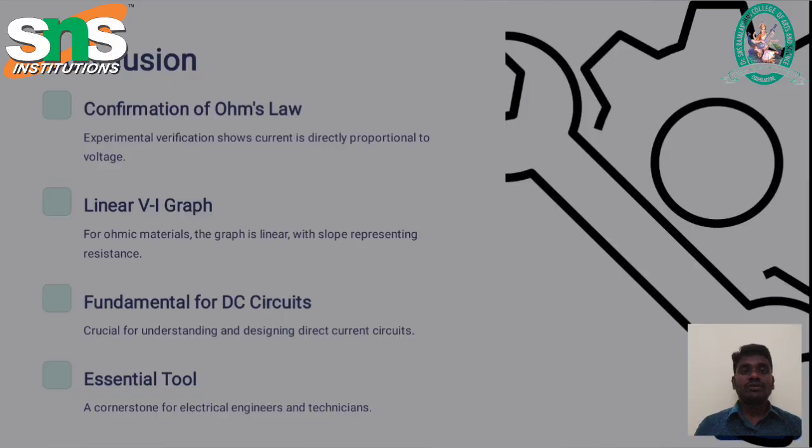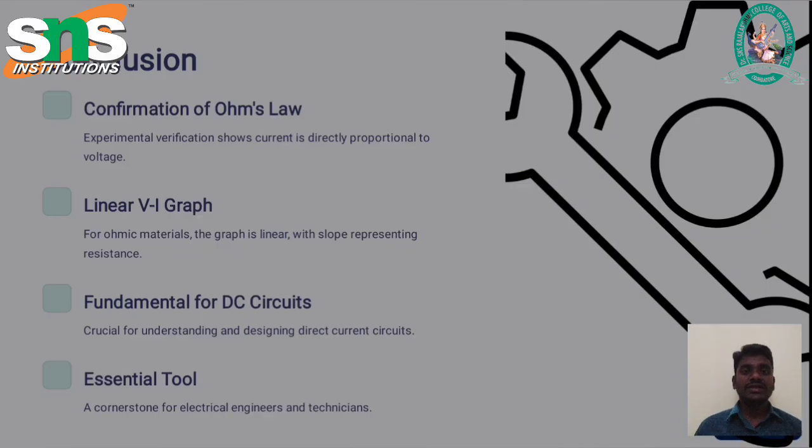Finally, we can conclude that the verification of Ohm's law is the confirmation of Ohm's law. Experimentally we can verify Ohm's law by using electronic components like an ammeter, voltmeter and power supply, with a proper constant resistance applied.